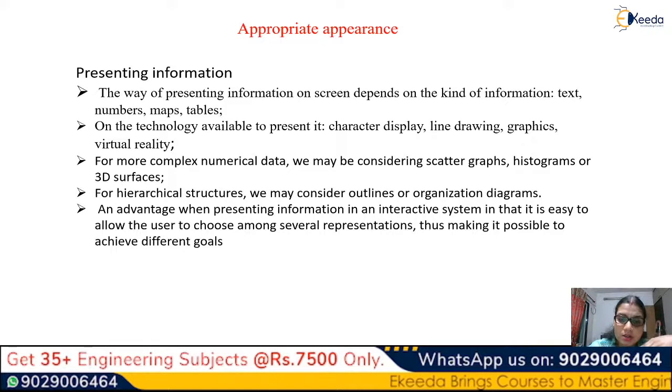But for a hierarchical system, what do we have? We have outlines or organization diagrams. An advantage when presenting information in an interactive system is that it is easy to allow the user to choose among several representations, thus making it possible to achieve different goals.